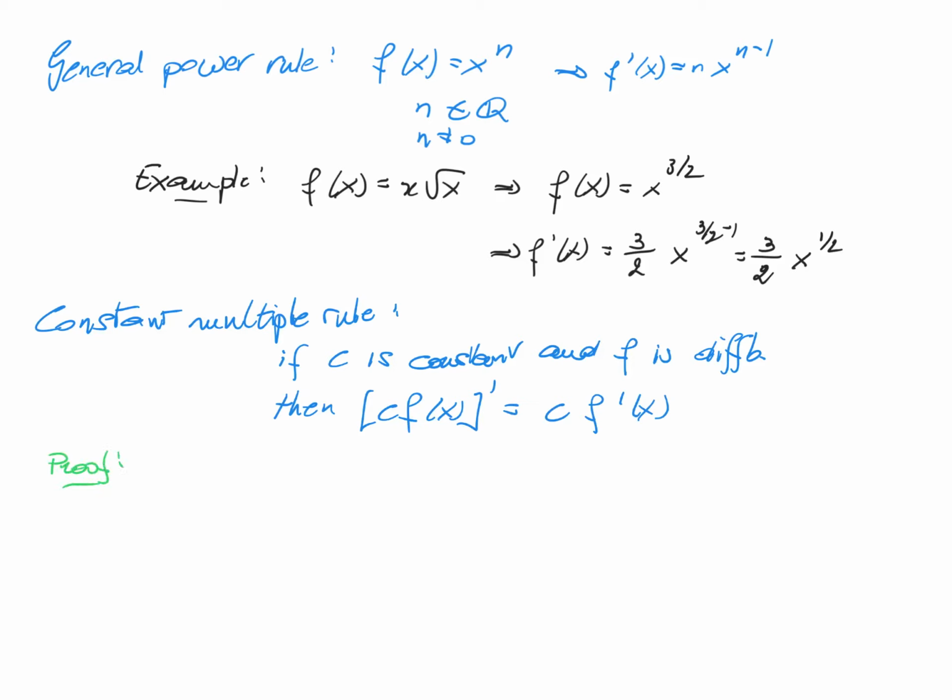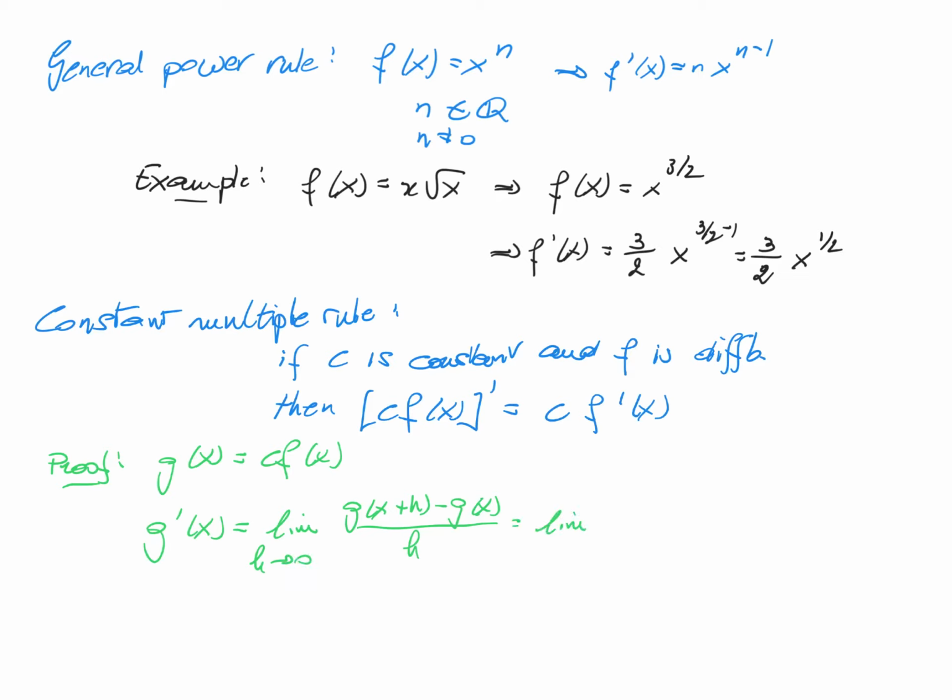Proof. So let's call c times f of x g of x. And so we have to find the derivative of g of x. So g prime of x is the limit of g of x plus h minus g of x over h. So it's always the same thing, always plugging into the formula for h to 0.